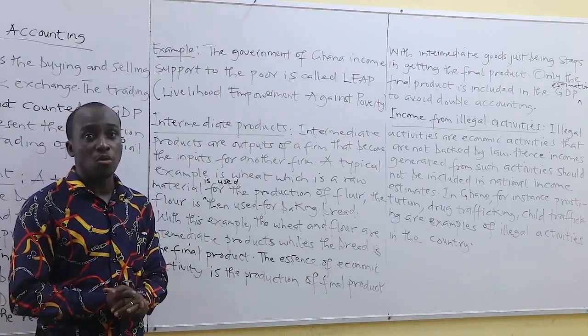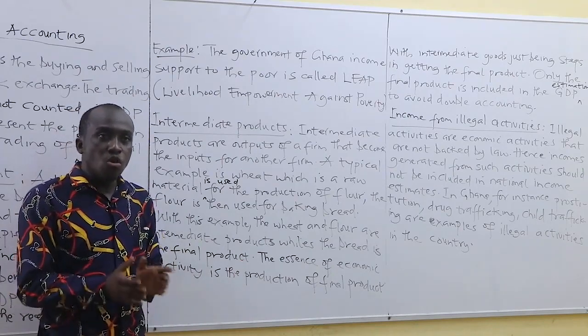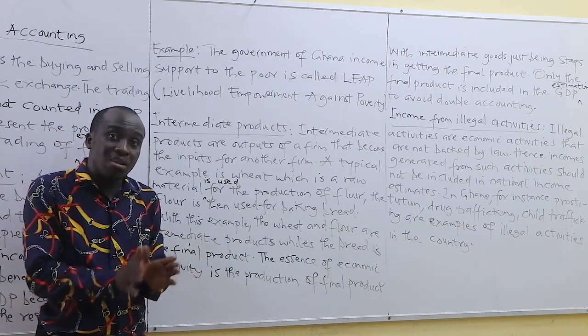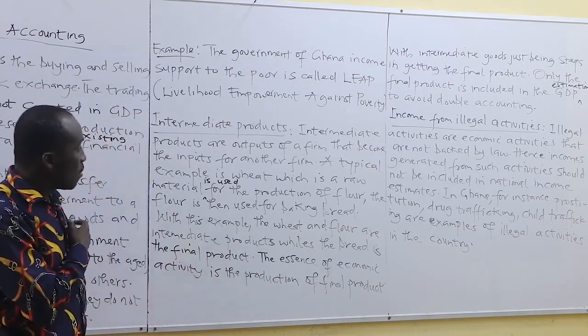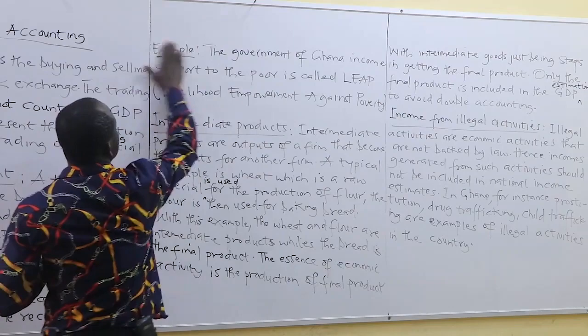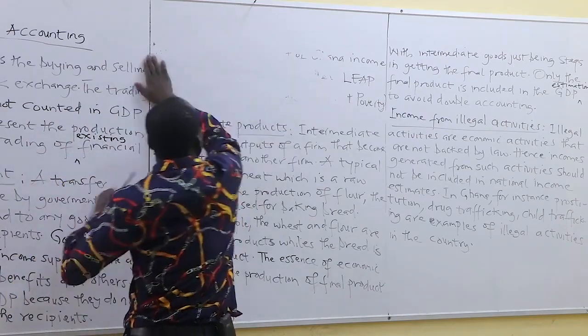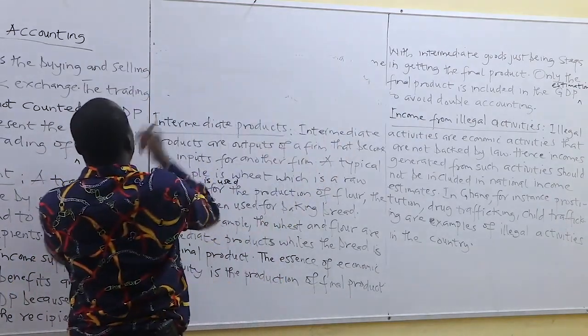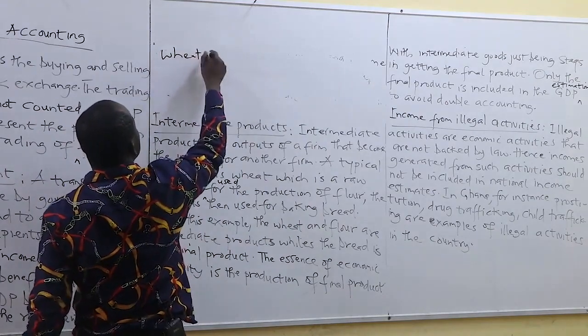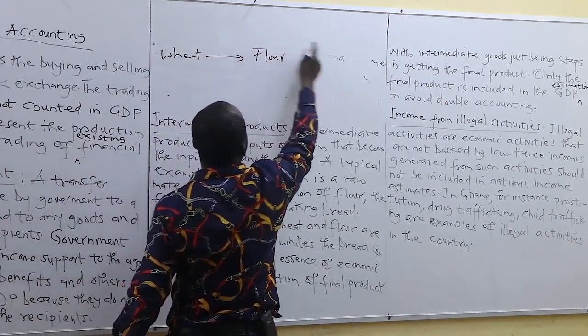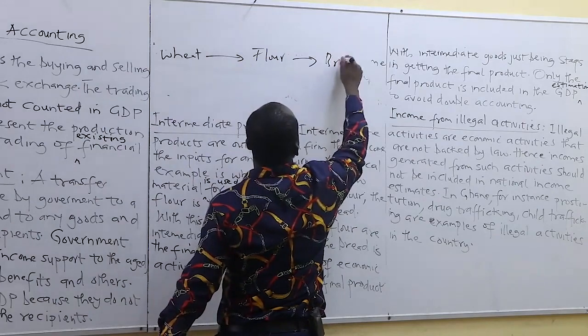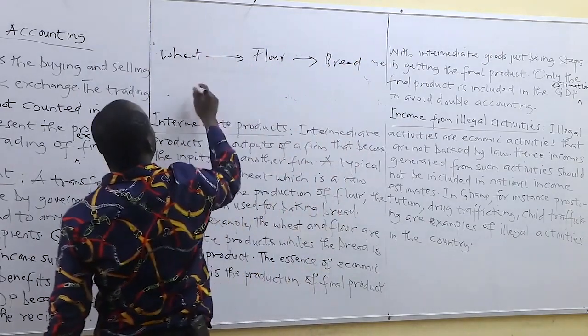In other cases, they use what we call value added. If they don't use the final product, they use value added. From wheat to flour, from flour to bread, that is what we call value added.